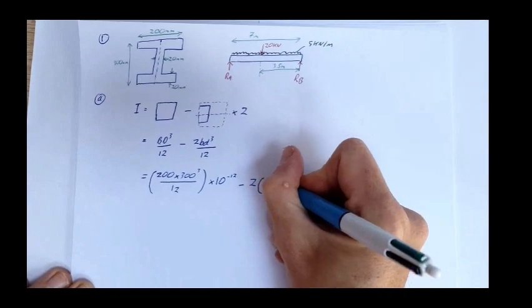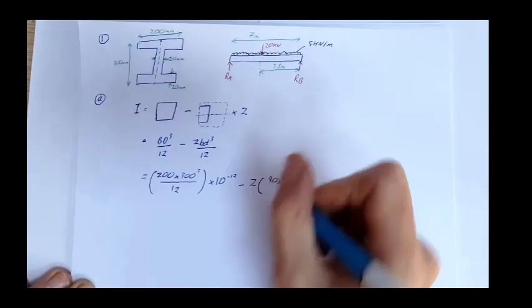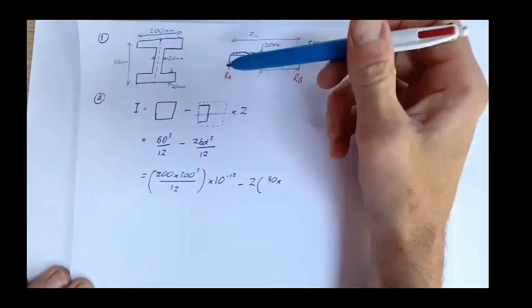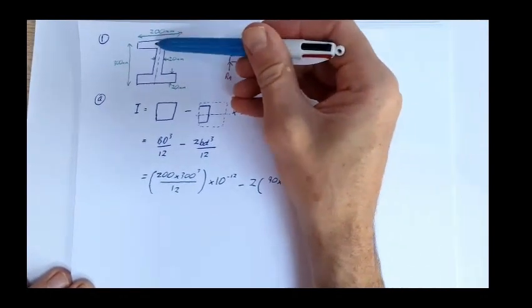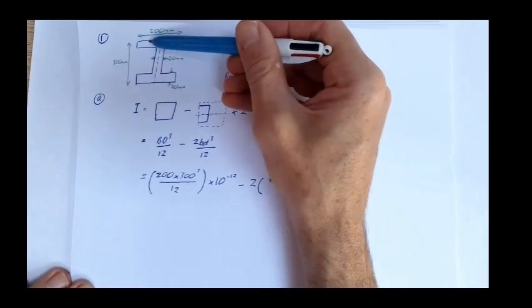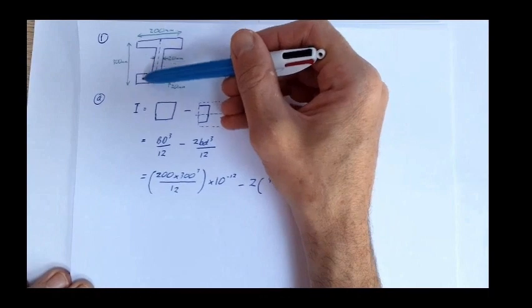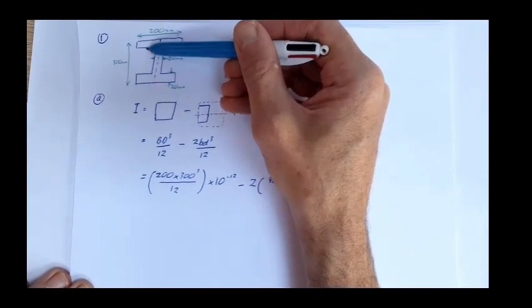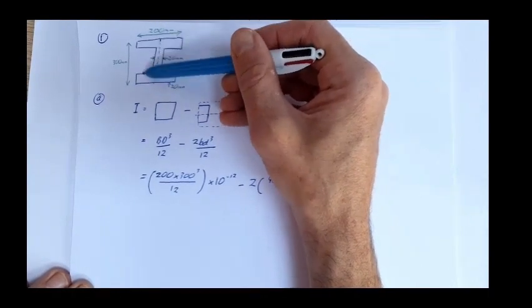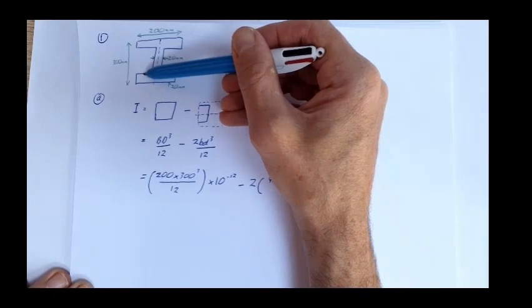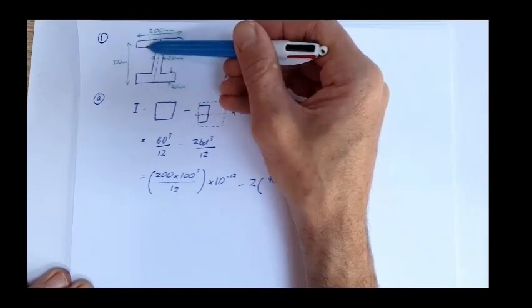So that's 90 times my depth of section. This is 20 mil, this is 20 mil, so the bit in the middle is 300 minus 20, 280, minus 20, so that's 260.